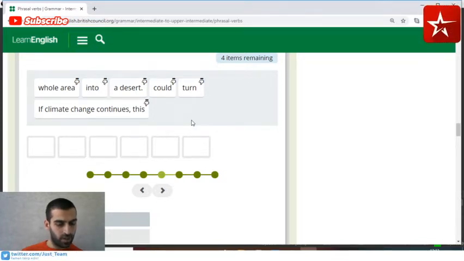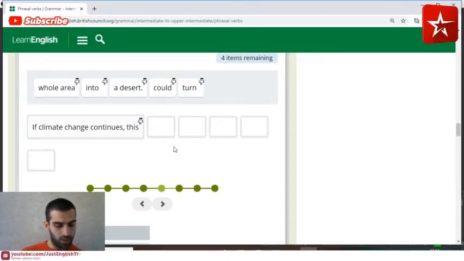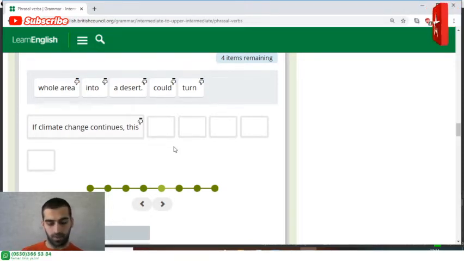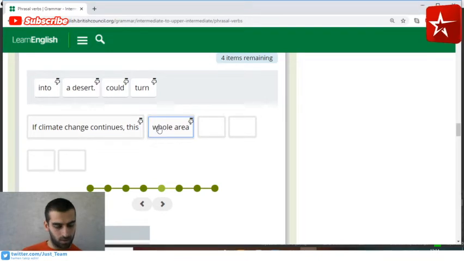Alright, Medvedev says if climate, okay, if climate comes first. She says, if climate change continues, if climate change continues, okay, I'm waiting for Aisha's answer. Aisha says, if climate change continues, this what? Mr. Hussein told me that if climate change continues, this whole area, yes, okay, this whole area, and the rest of the sentence, this whole area could turn into a desert.